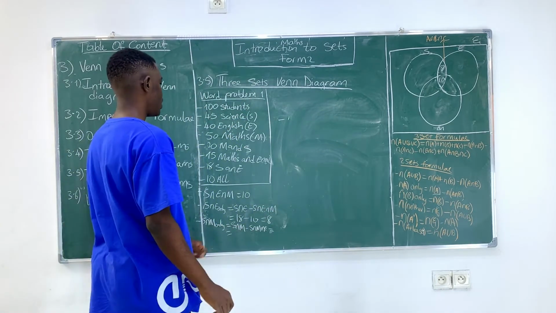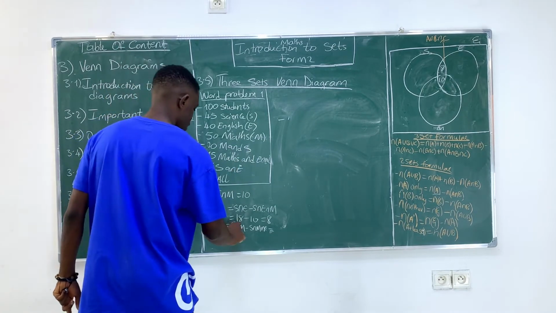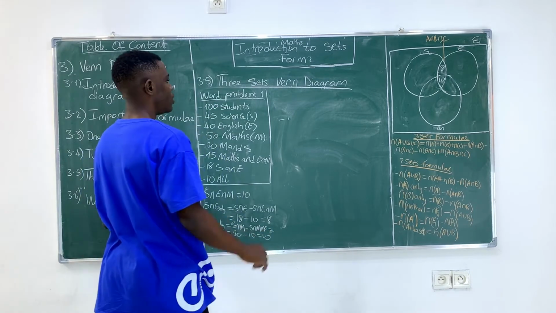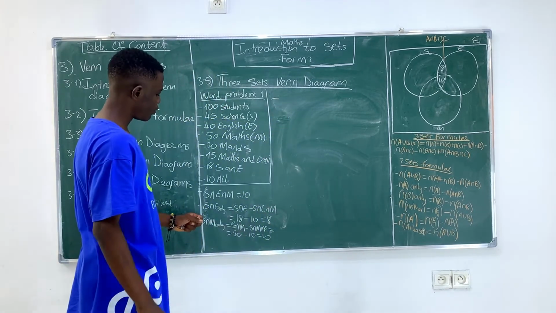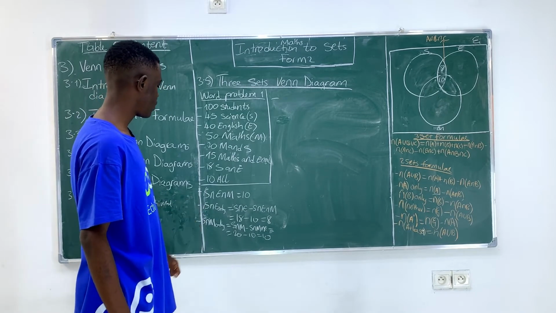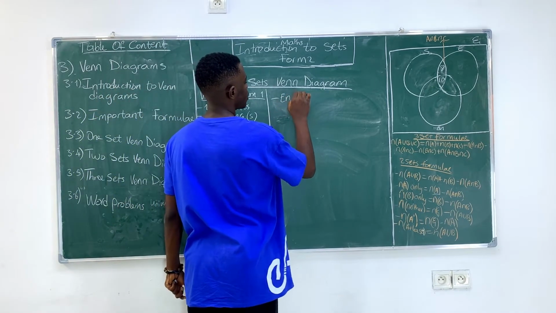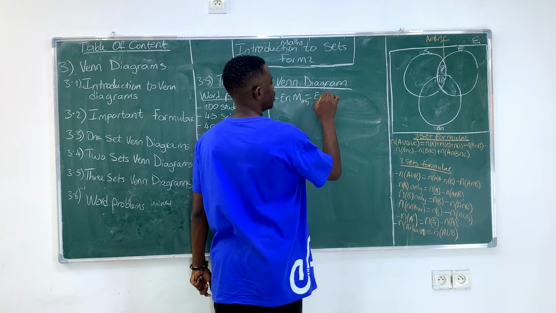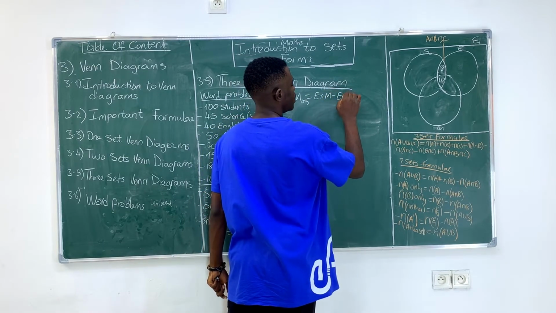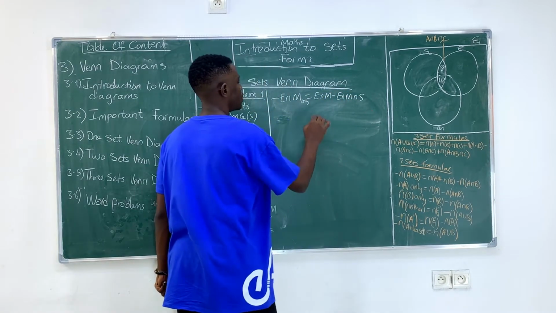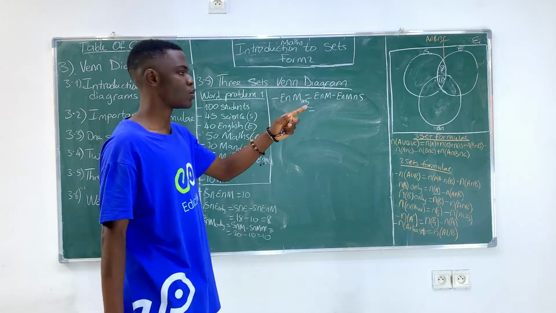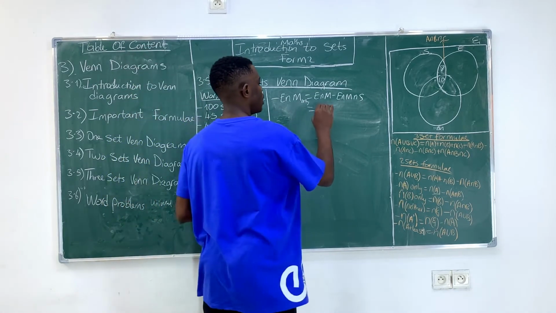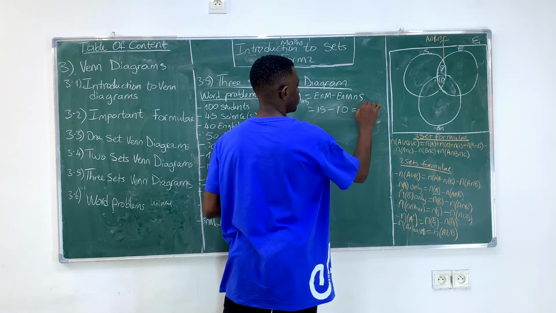So what is S intersection M? It is 20. 20 minus 10 equals 10. So now I've already had S intersection E and S intersection M. Now E intersection M only is E intersection M minus E intersection M intersection S. E and M, it is 15. 15 minus 10 equals 5.